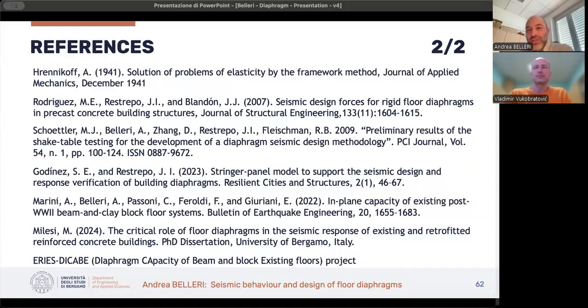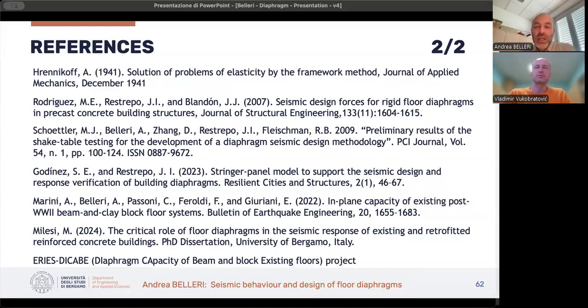But the fact that it's flexible means that you cannot lump all the mass and all the inertia in one point. It means that you have to consider it distributed. So if we follow the equivalent static analysis approach, we can obtain the inertial loads in the diaphragm, also if it's flexible, because we need to model it. And with those forces, we can define the load path and we can define the design.